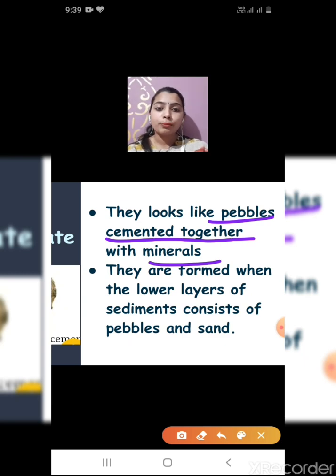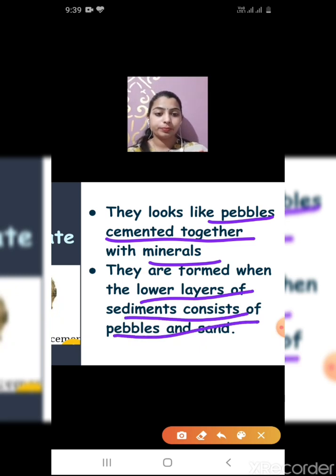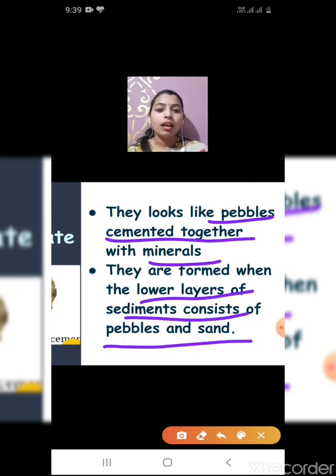They are formed when the lower layer of sediments consists of pebbles and sand. How is this type of rock formed? When in the lower layer only pebbles and sand are left, then this type of rock is made.